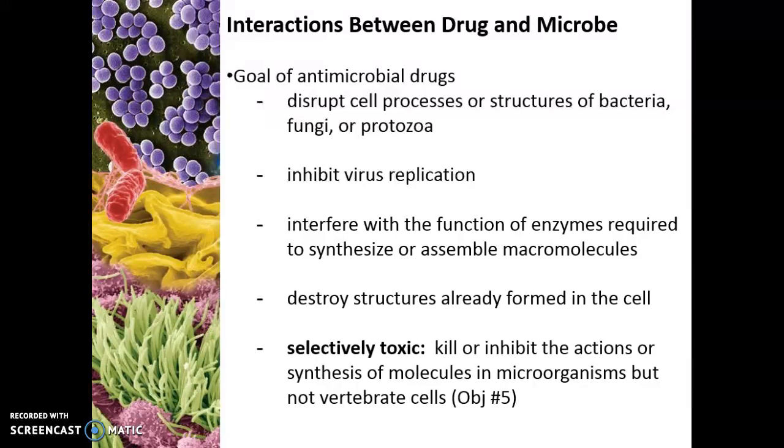When we talk about fungal infections, fungal organisms are eukaryotic organisms. We are eukaryotic organisms. So we have a limited number of drugs that we can use to treat fungal infections because it's just harder to find a target in another eukaryotic cell that is not going to be problematic for the host cell.